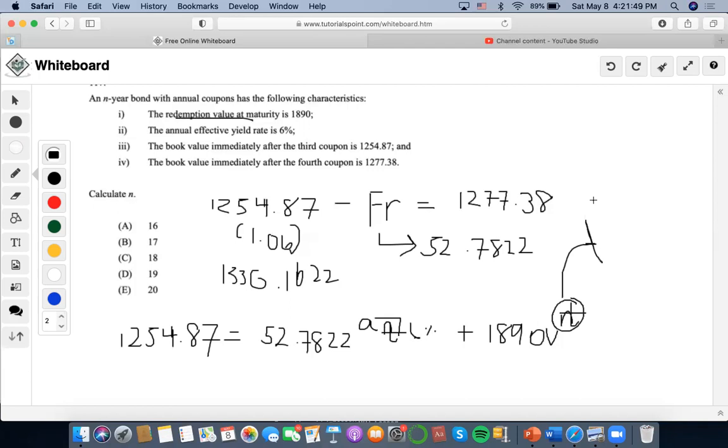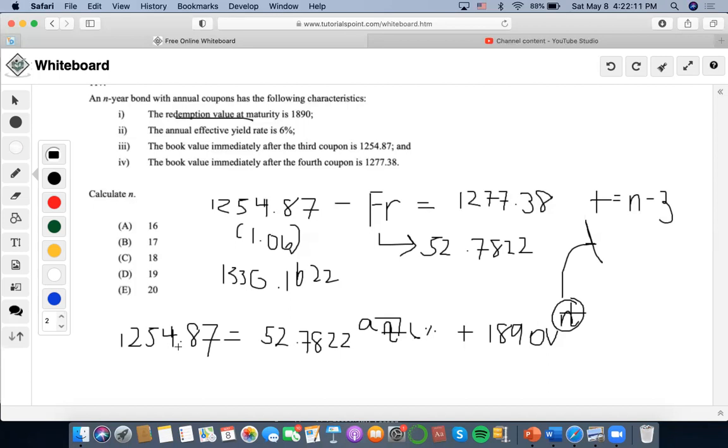Why? Because t is actually representative of the number of years minus 3. So 3 years were deferred in calculating this, since we're going to set this whole formula equal to the book value at time 3.